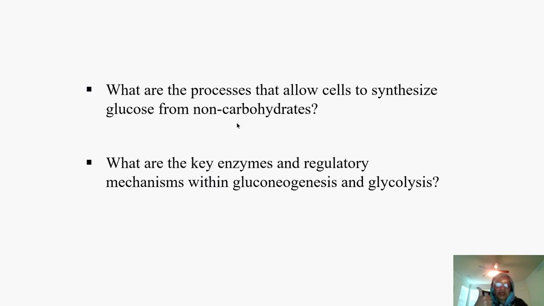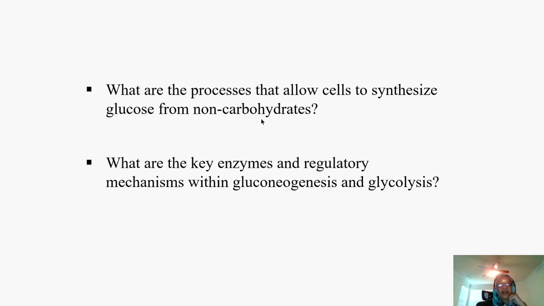So the first condition is that we have a drop in the carbohydrate levels, okay? And there should be a need for glucose or carbohydrates inside our cells. Then our cells will decide to synthesize glucose from non-carbohydrates. What do we mean by non-carbohydrates?